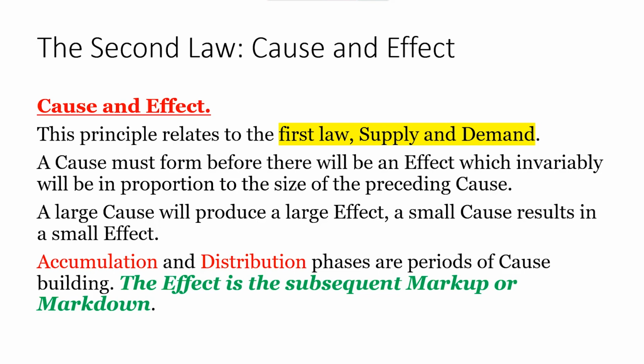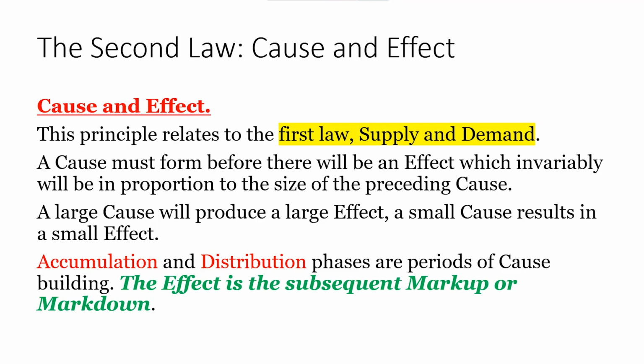But the other nuance of the law of cause and effect is that a cause must be built. There's a period of preparation that must take place in the price action of a stock prior to the effect. The effect being either an uptrend or a downtrend.